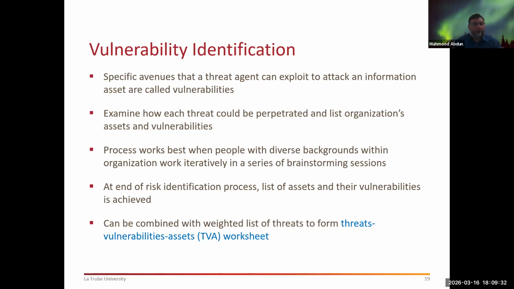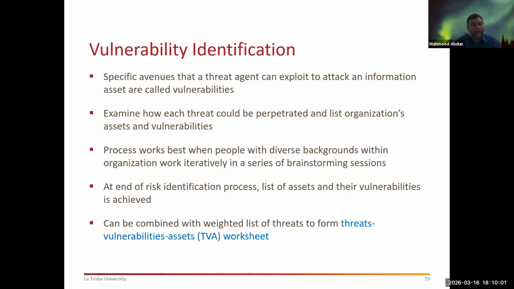So one example of vulnerability could be that your software is outdated. If the software is outdated, that means there are newer attack techniques that it is not protected against, right? Some software has built-in protection. Some software has code that needs to be reviewed and patched, and that patching has not happened yet.